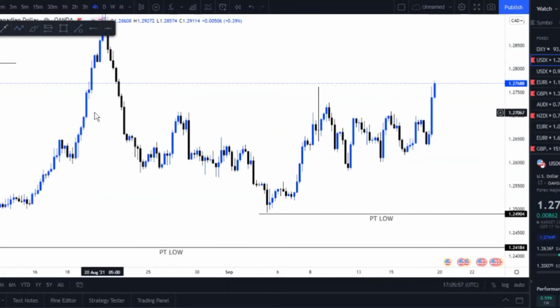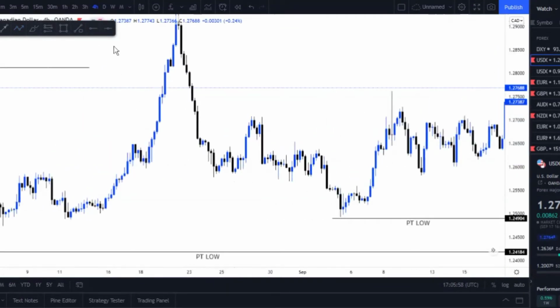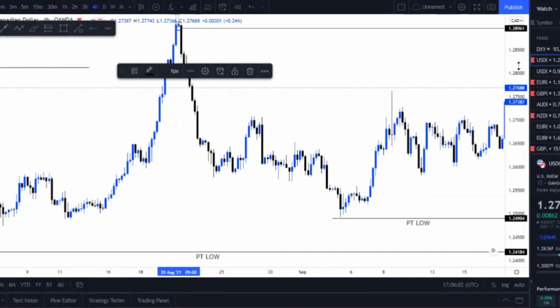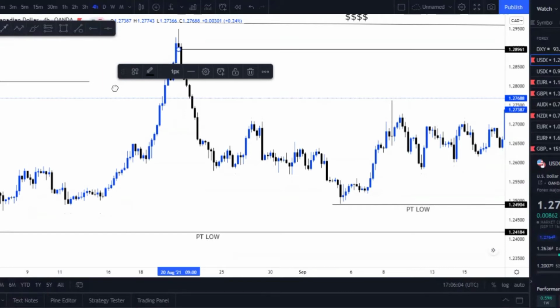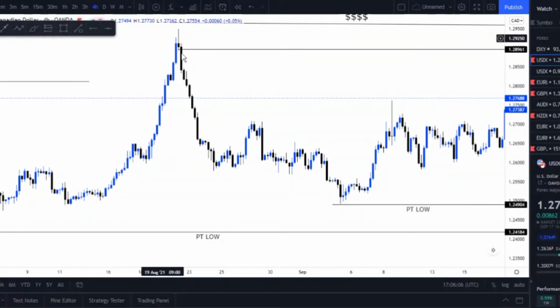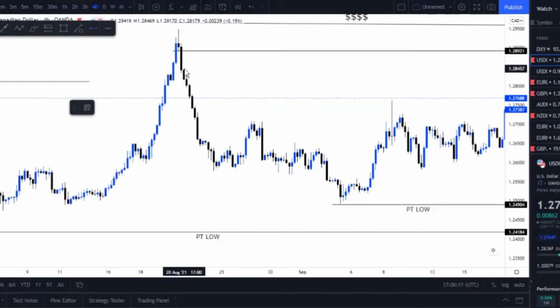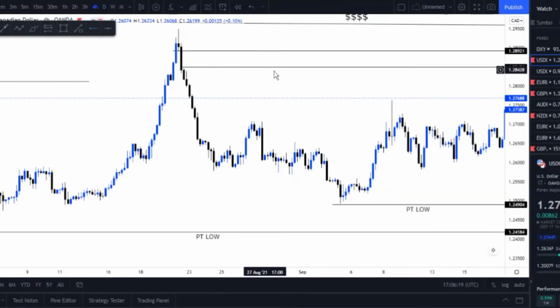And if you don't know imbalance, let me tell you. Imbalance is simply week to week. There's a week, if you can see that clearly, that is a week. So this week to this week, leaving space, only the body of the candle inside, in between them.